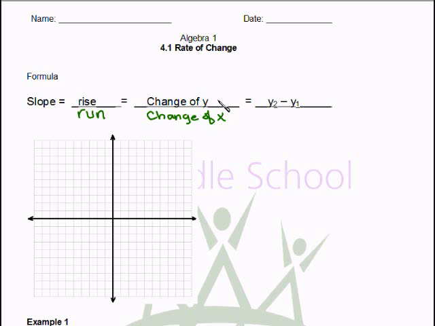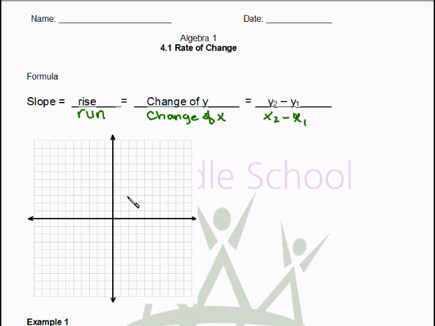The change of y equals y2 minus y1, the difference between your y points. And your change of x, or your run, is the change of your x coordinates.